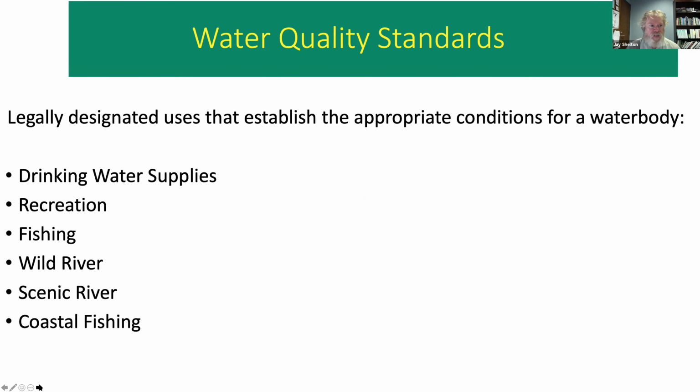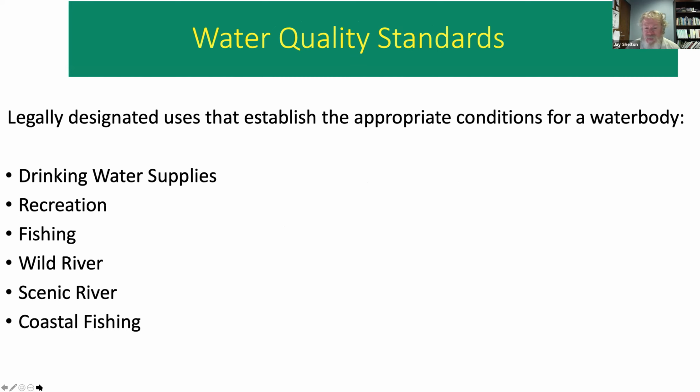And from a legal perspective, there's a little three-letter word, use, that matters a lot when it comes to the legal protection of our aquatic resources, whether they be public or private, because as we said at the beginning of the show, everything is connected.